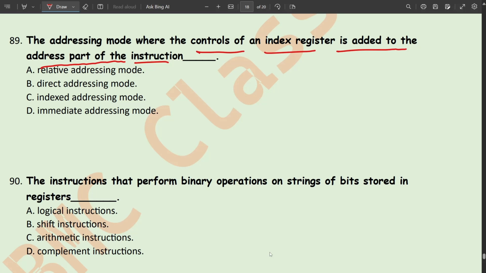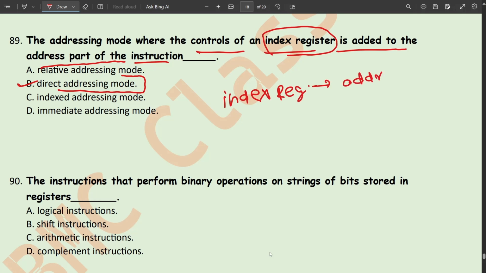So the answer is option number B, indexed addressing mode. In this mode, the index register is added to the address part of the instruction.